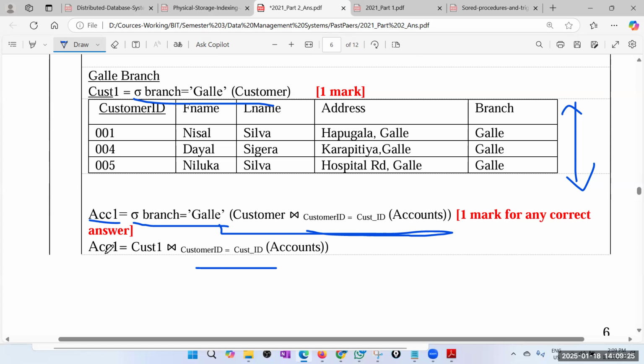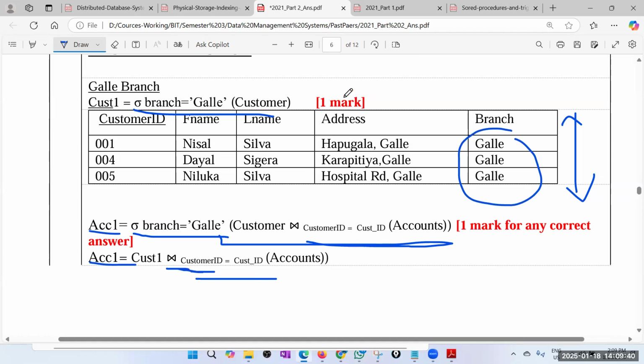ACC1, ACC1. You need these details, right? They have joined because the branch details are in the other table. Right? They have joined again.